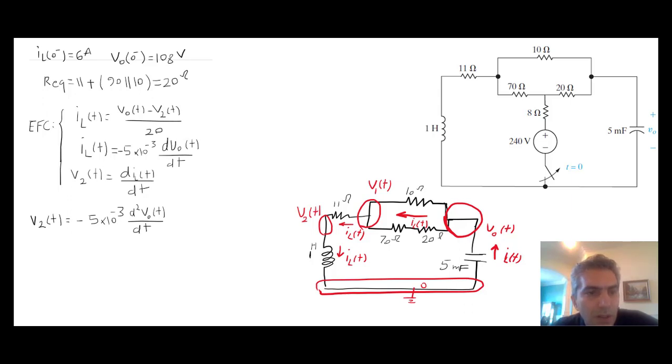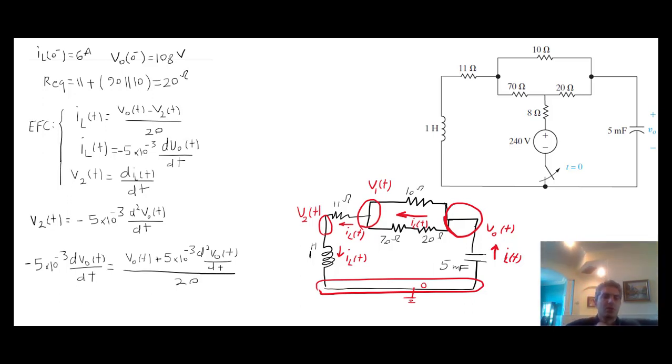So I'm taking that, putting this in there, so minus 5 10 to the minus 3 dV out t dt is this equation, is equal to now V out t, so that's, I'm going to keep it, minus V2t. Now I know V2t is this, so that would be plus 5 10 to the minus 3 d2 V out t dt, and the whole thing is divided by 20.